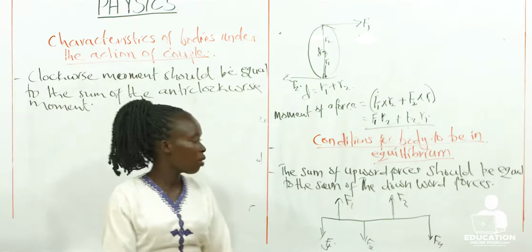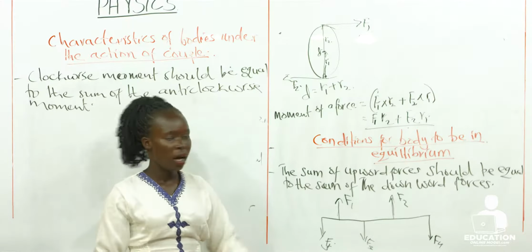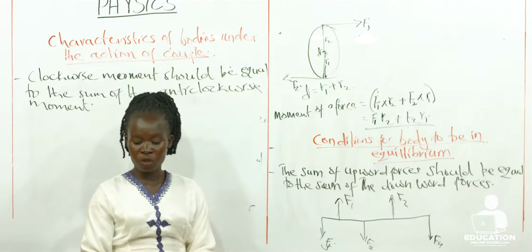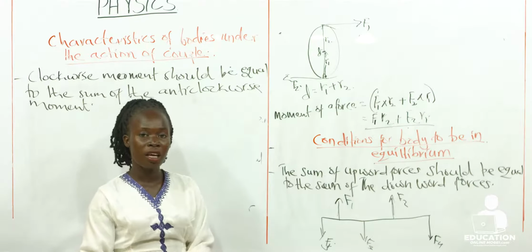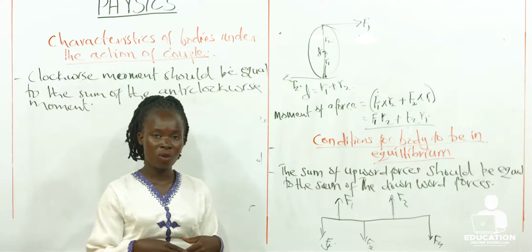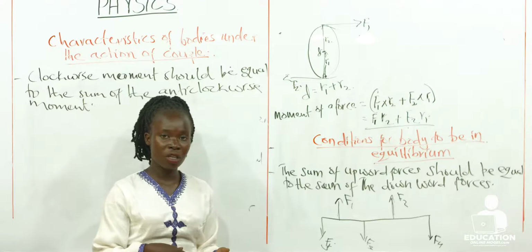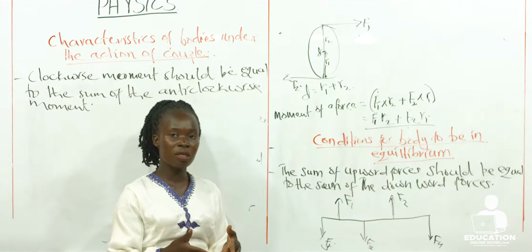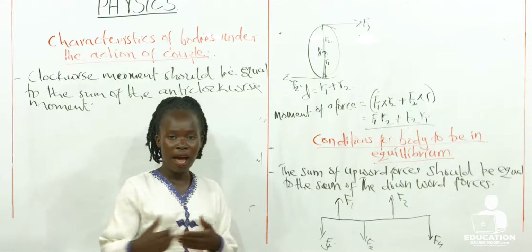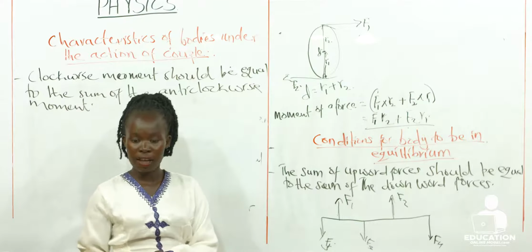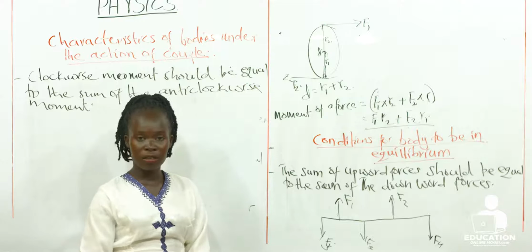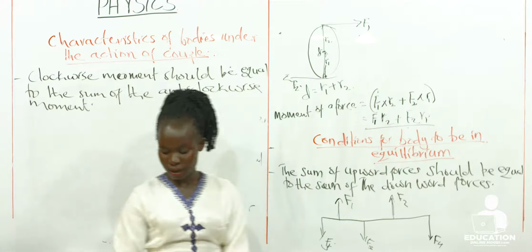That is how a body will be in equilibrium. So I am going to show you how we shall find those forces in the clockwise and anti-clockwise directions in order for us to find the moments. Let's find that in this example here.